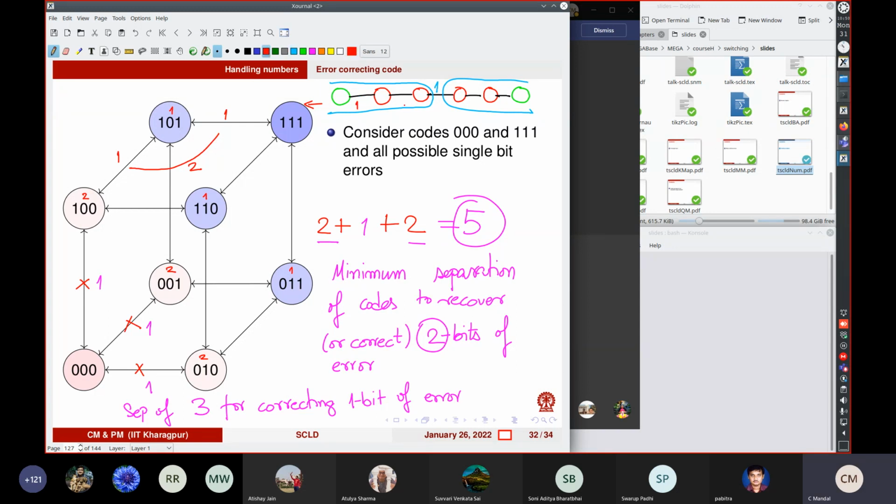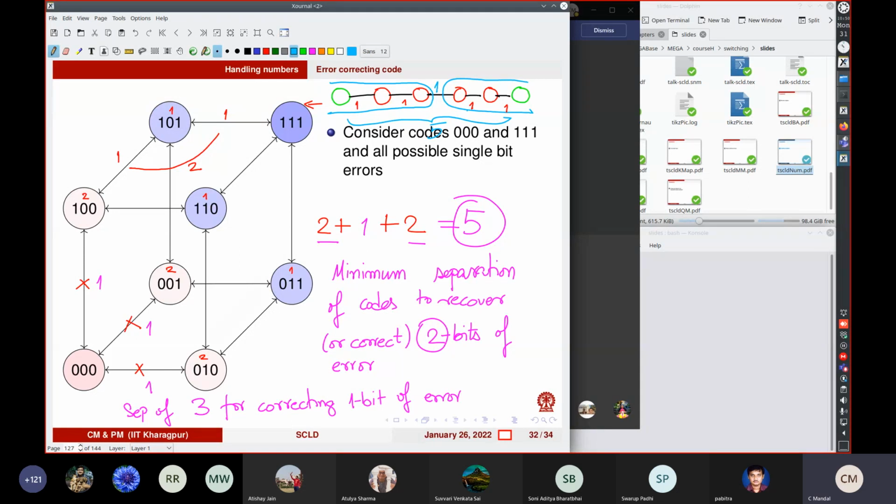So this is due to the error, and you want at least one separation between the erroneous codes arising from these valid codes. So that's how you get 5. Is that okay?